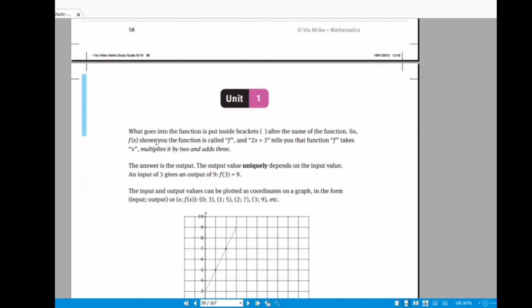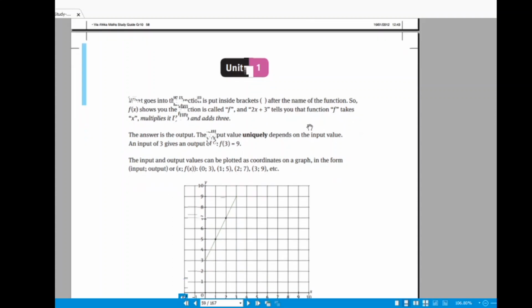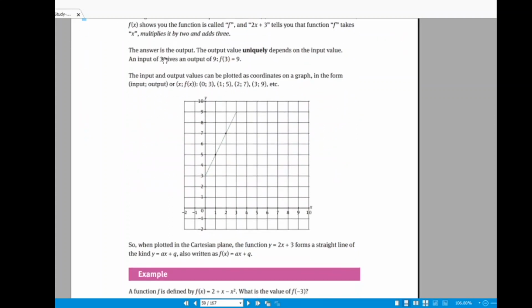So f of x shows that the function is called f, and 2x plus 3 tells us that the function takes x, which is our input, and multiplies it by 2 and adds 3. Okay, so the answer is the output.